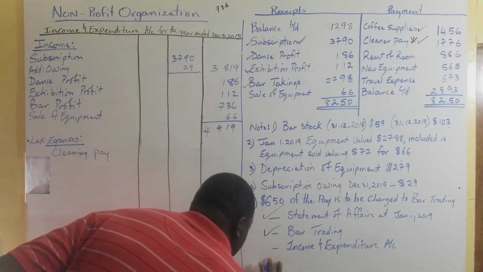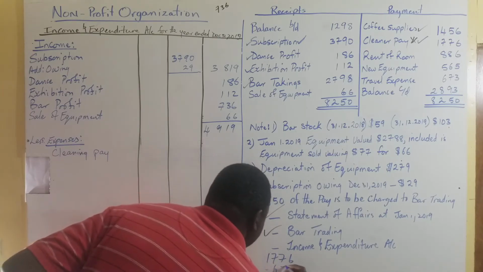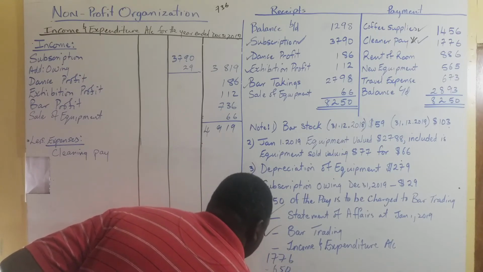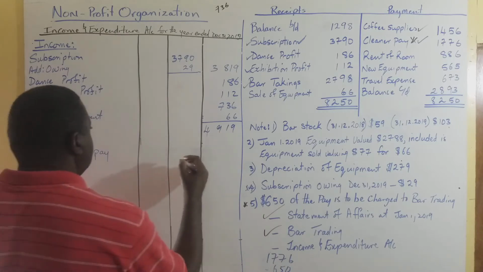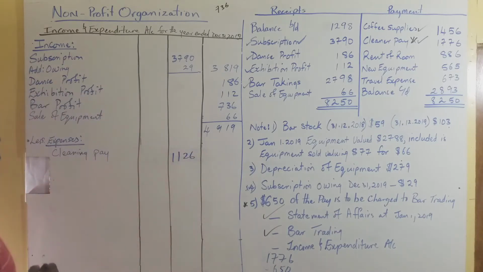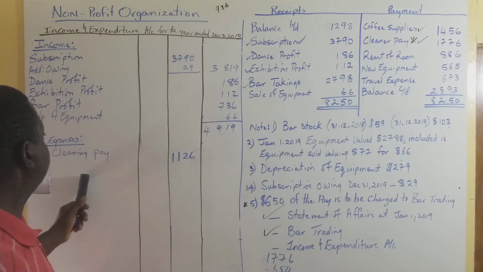It is 1776, and we're taking 650 from it, so it would have been $1,126. That would be left to be charged to the income and expenditure account.